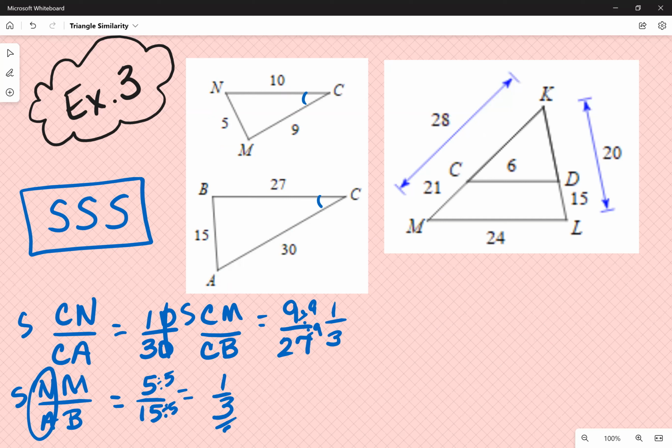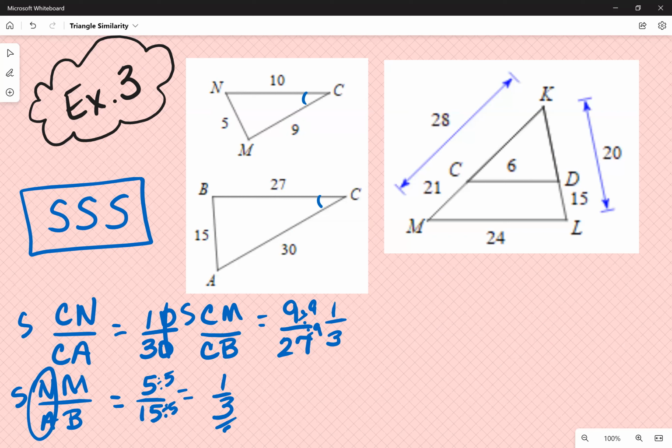So side, side, side. This last one, again, I could take it apart, which is what I prefer to do. That's just me. That's a smaller triangle, and then the larger one here. And on the side, you'll notice that you have the entire length of KM, which is 28.